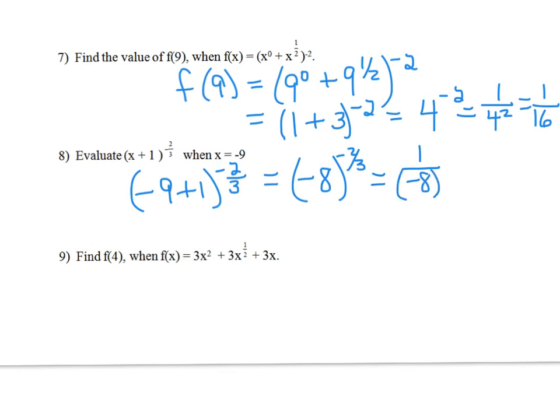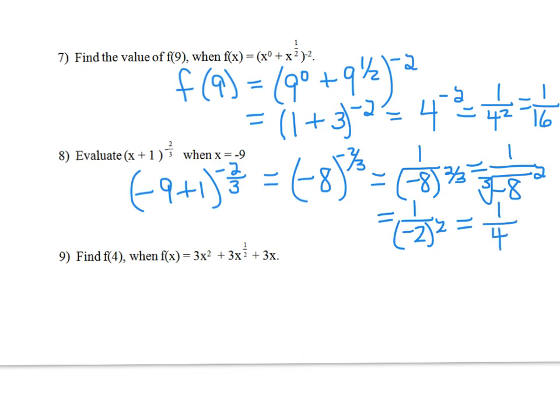I'm even going to enclose it in parentheses there and make my exponent positive 2/3. So this means 1 over the cube root of -8 to the second power. So the cube root of -8 would be -2, and then I want to raise that to the second power, so that's giving me a final answer of 1/4.